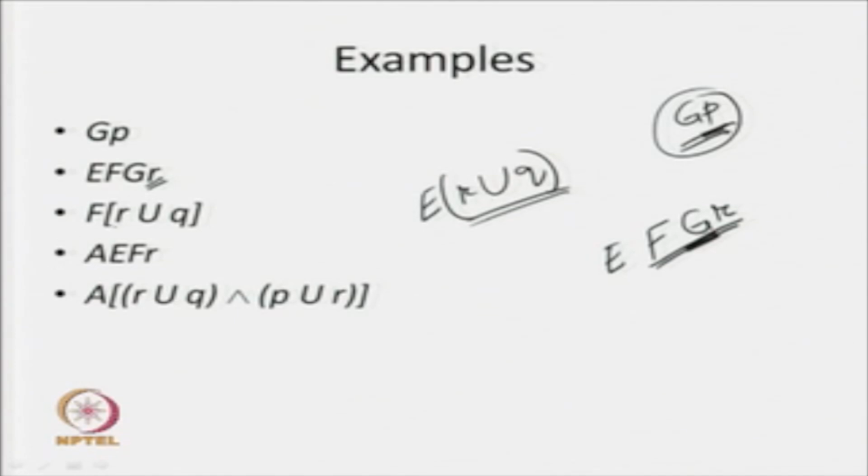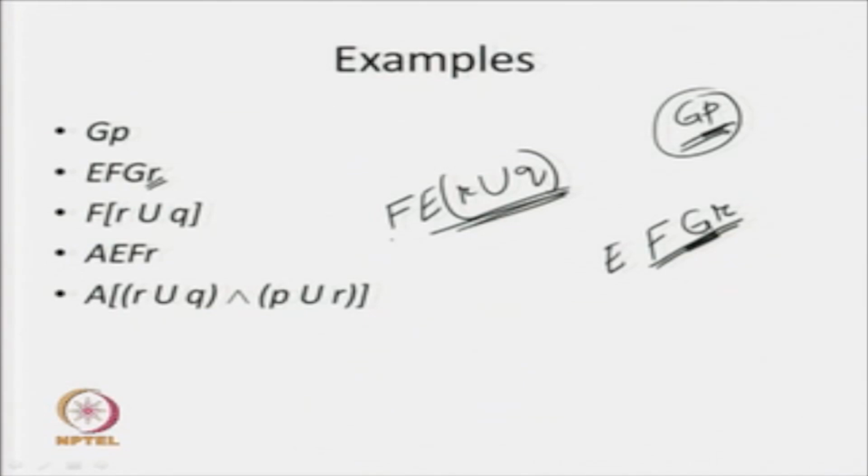Similarly, F R until Q is a temporal formula, but it is not a CTL formula now, because the temporal operator F is not preceded by any path quantifier.